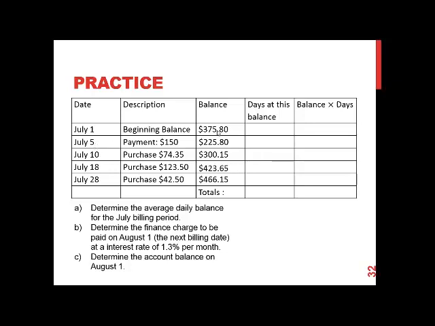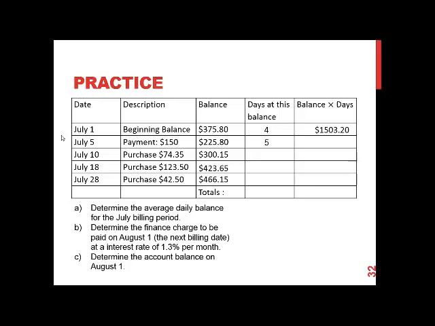Those are the 4 days that were at 375.80. So let's put the 4 days there. And now we'll multiply 4 days times the 375.80. Again, this is the way we do weighted averages. That gives us a total of 1,503.20.